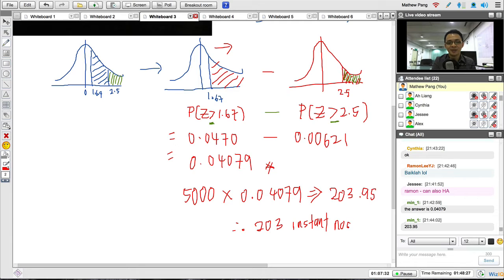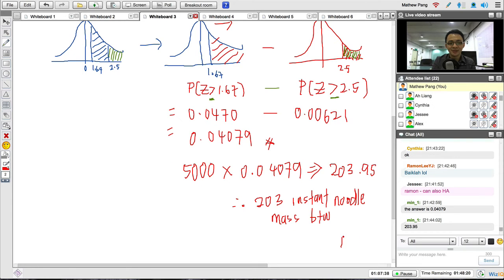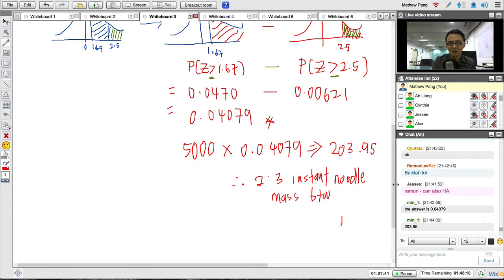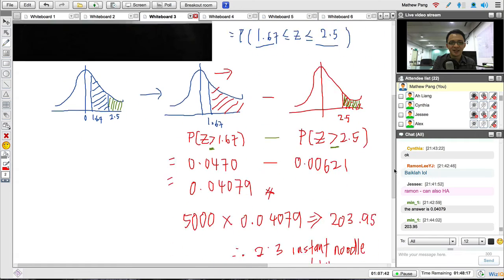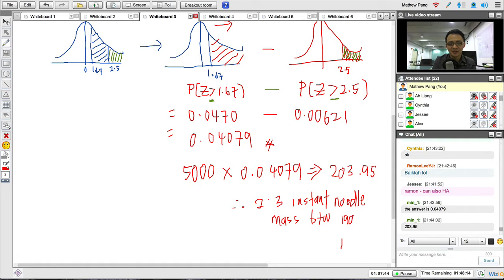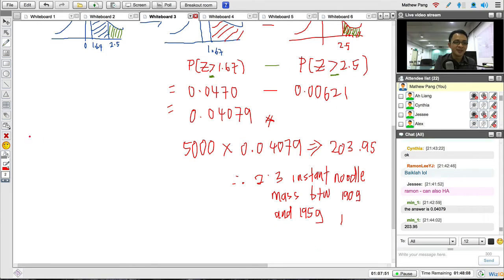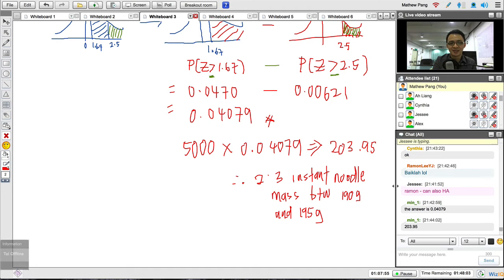And then the weight, meaning the mass of the instant noodle, is between 190 and 195, isn't it? Yeah, 190 gram and 195 gram. This chapter is so important that you understand the meaning of your answer.